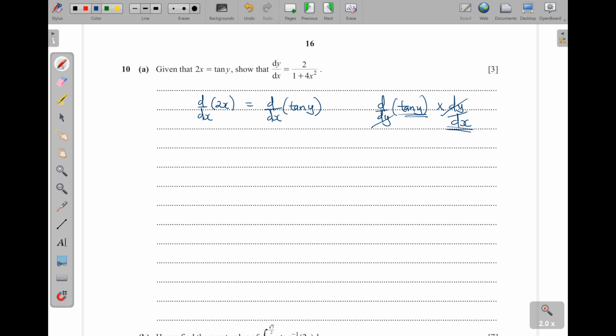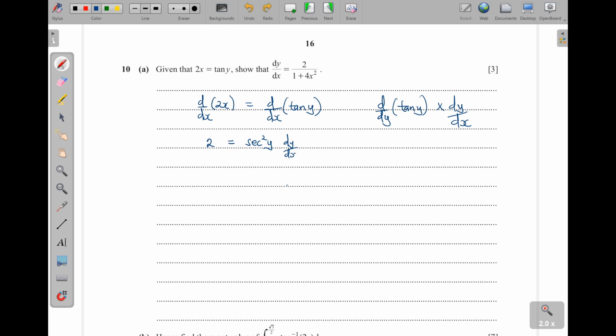You see that? So for implicit differentiation, that is what we do. So here I'll get a 2. When we differentiate tan y, we get sec squared. So we shall have sec squared y, then times dy/dx. You see that? Now making dy/dx the subject of the formula, of course, we shall divide all through.